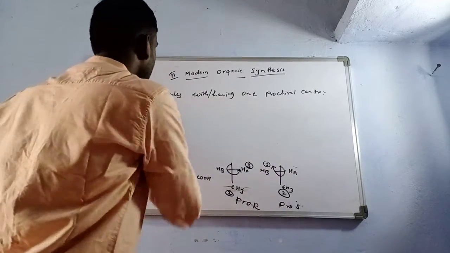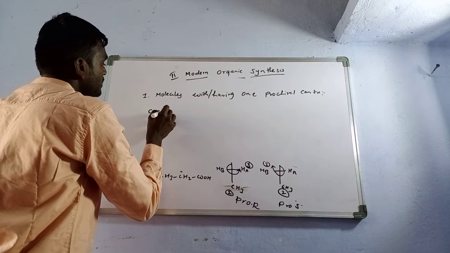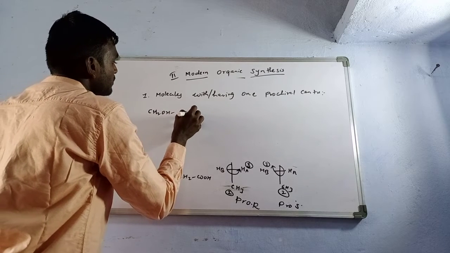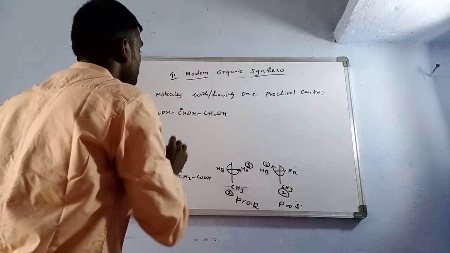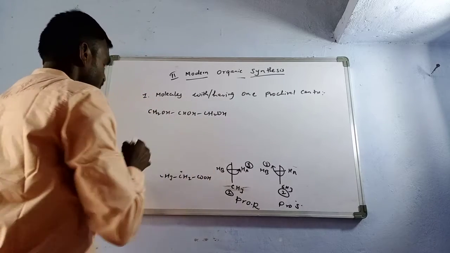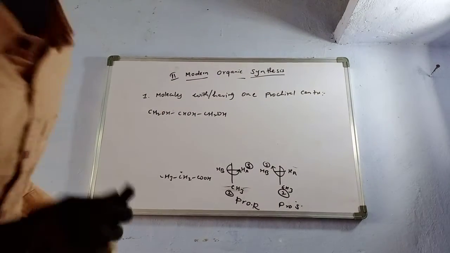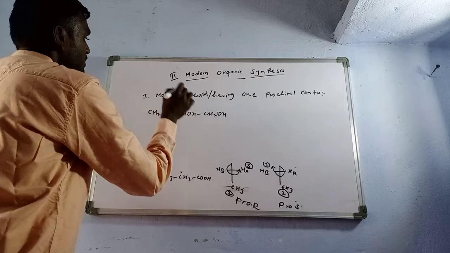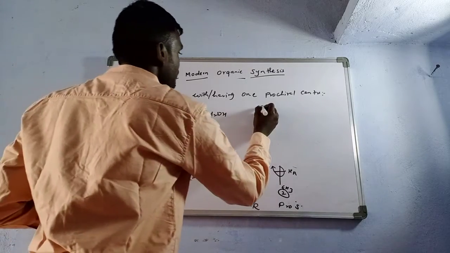If we are taking the glycerol molecule, see here, this is the prochiral center, right? Now we write this in the Fischer projection form.